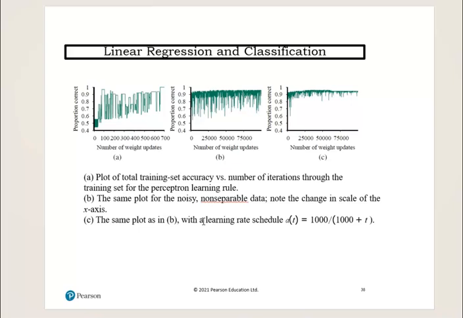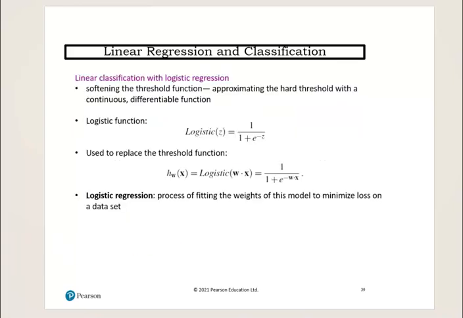Now this rule we just discussed is called the perceptron learning rule. Essentially it's going to adjust the weights based on the type of error and the sign of the input. Typically the learning rule we just discussed is applied one example at a time by choosing random examples.